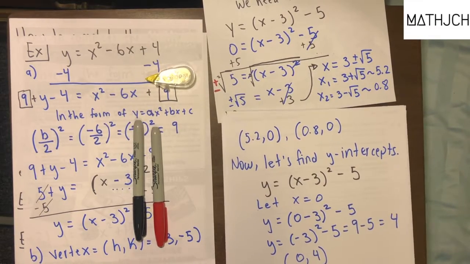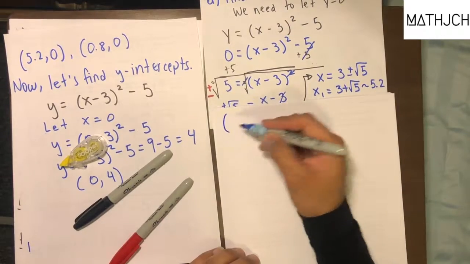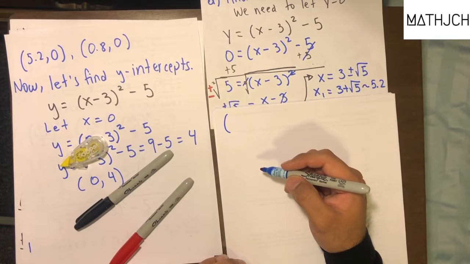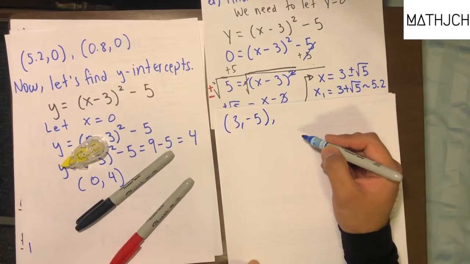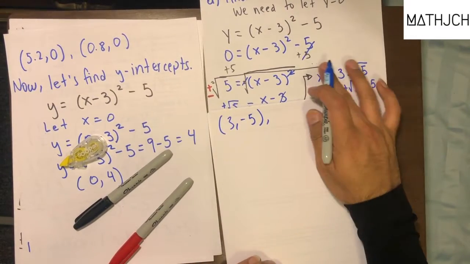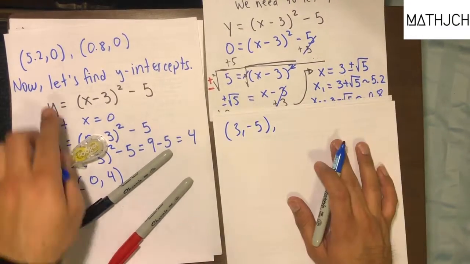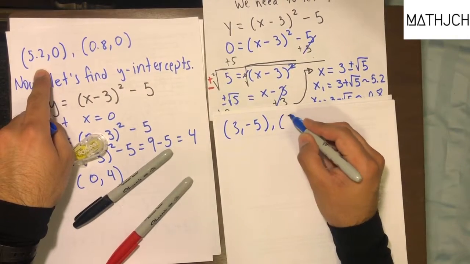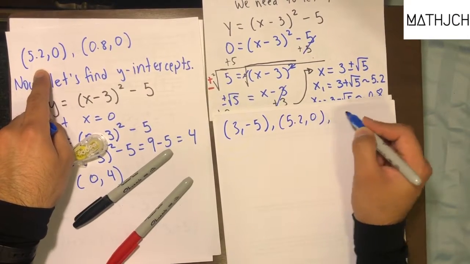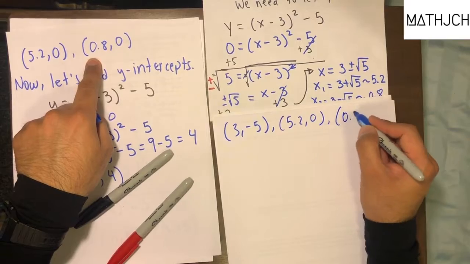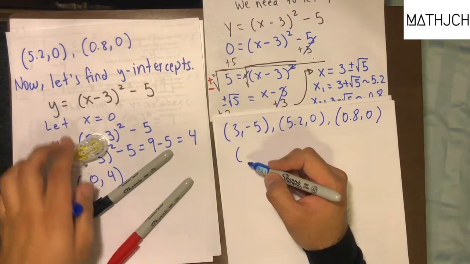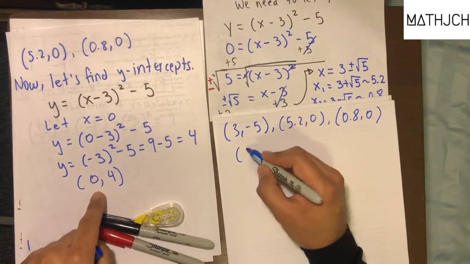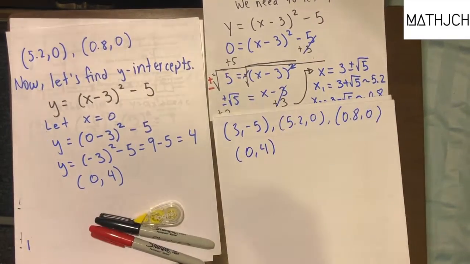The points that we have found are the vertex, which is (3, -5), our x-intercepts, which are (5.2, 0) and (0.8, 0), and from our y-intercept, we found (0, 4).